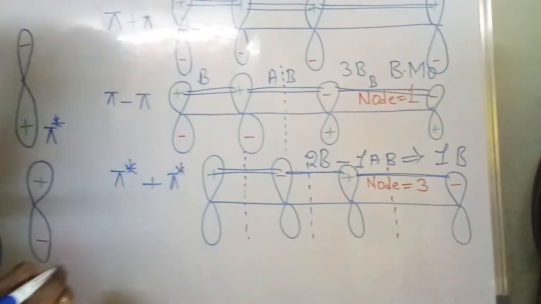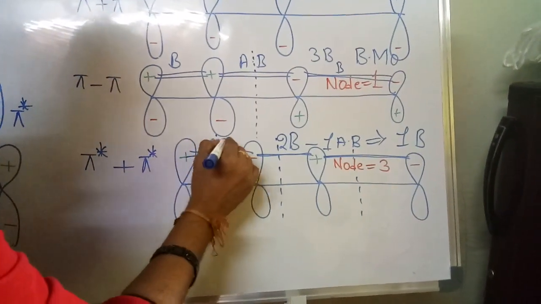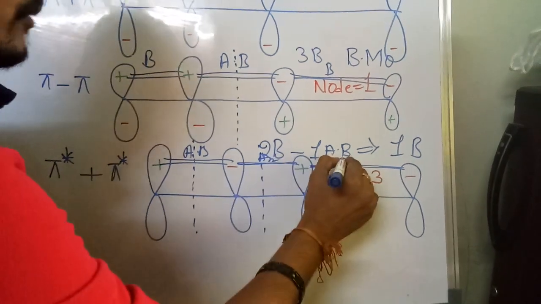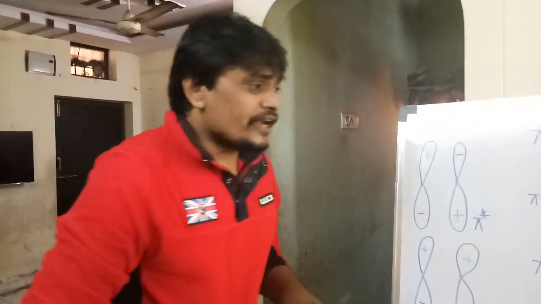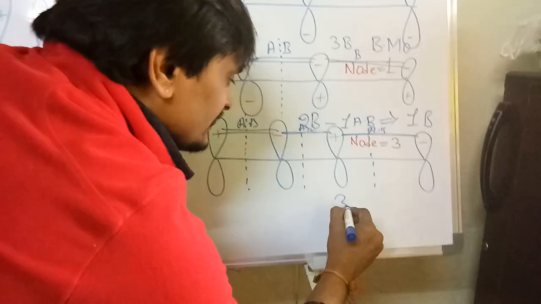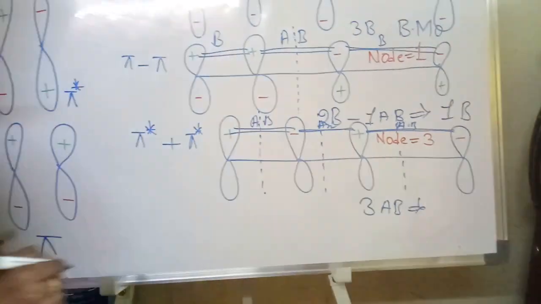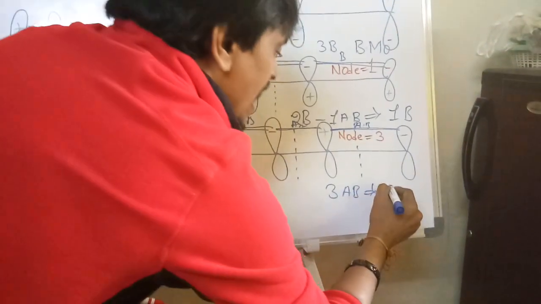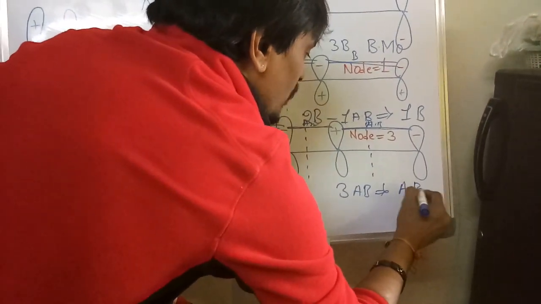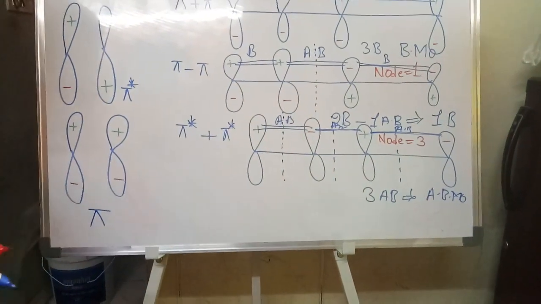So how many anti-bondings are there? 3 anti-bondings are there in this. Since 3 anti-bondings are there, we can say that the pi star with positive pi star combination is an anti-bonding molecular orbital.